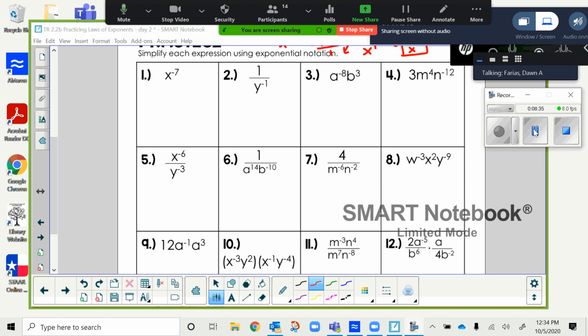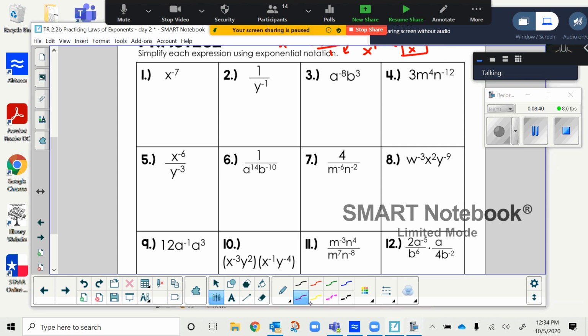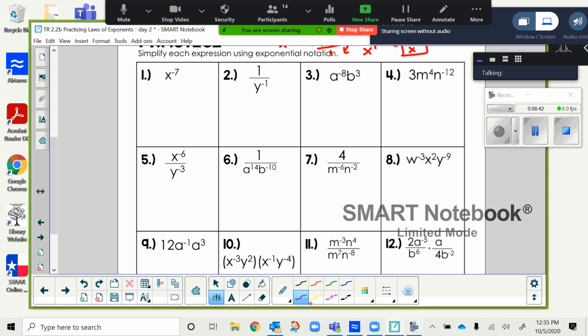So for number 1, you should have 1 over x to the 7.